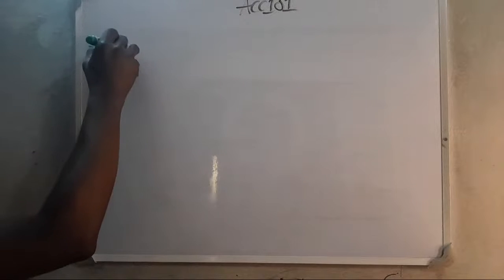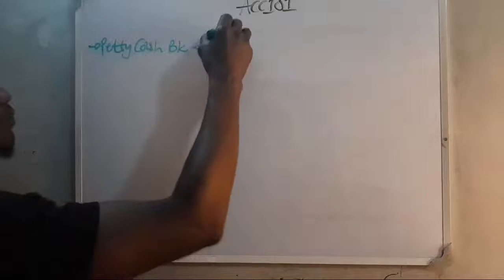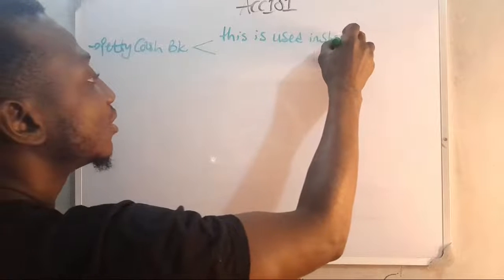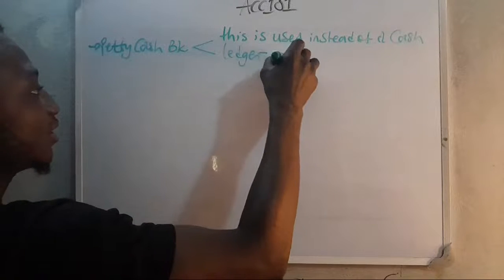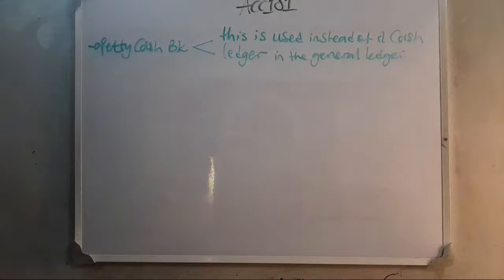The petty cash book is used instead of a cash ledger account in the general ledger.